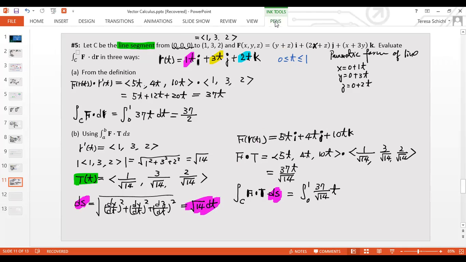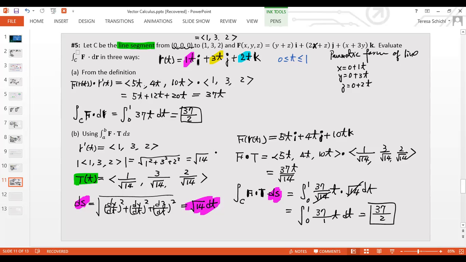It's the square root of 14 dt. So the square root of 14 cancels, and it gives me the integral from 0 to 1 of 37t dt. Wow, this is a super easy integration, right? So it's 37 over 2. It's the same as what we did by using method number 1.